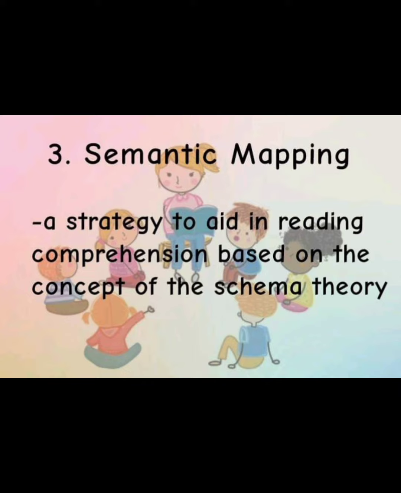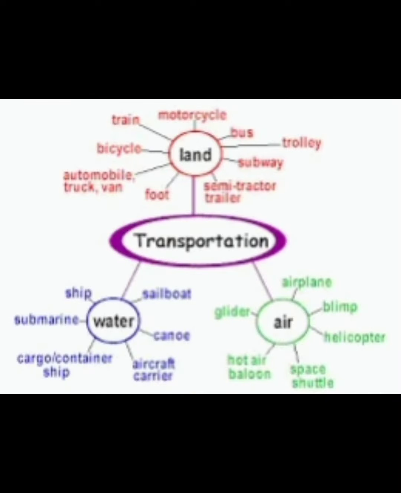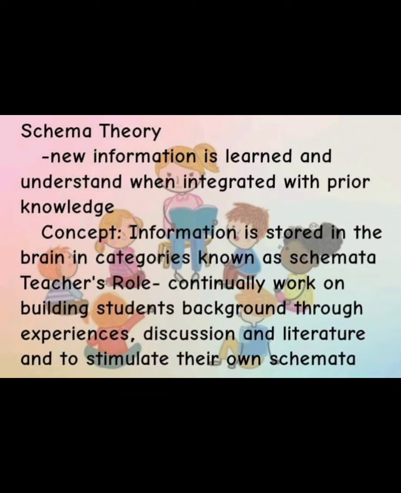Semantic mapping is a strategy to aid in reading comprehension. Here is an example. The following are associated with the word transportation. Schema theory. New information is learned and understood when integrated with prior knowledge.